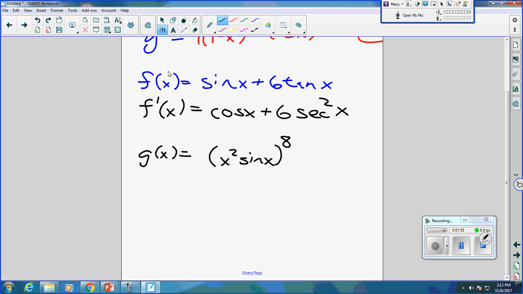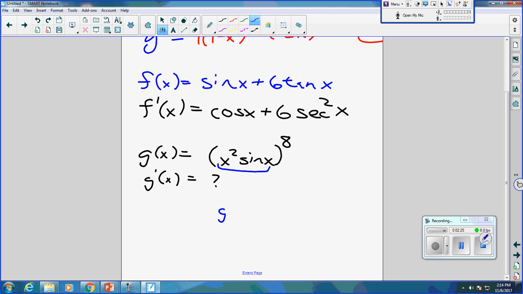Everybody, if I want to do this derivative, if I want to find g prime, I will tell you right now, I got junk to the 8th power. Said junk is going to be a product rule. But do you see how it's stuffed to the 8th? So the first thing you've got to see is that this stuff is g of x.